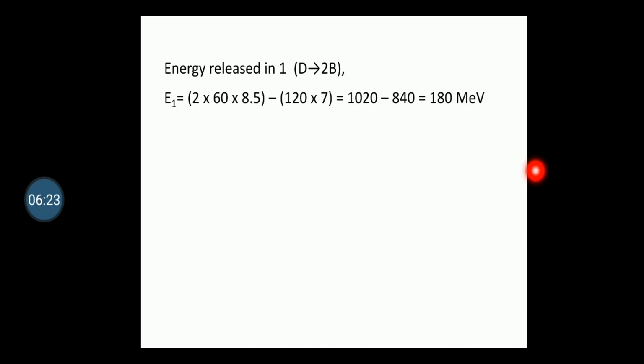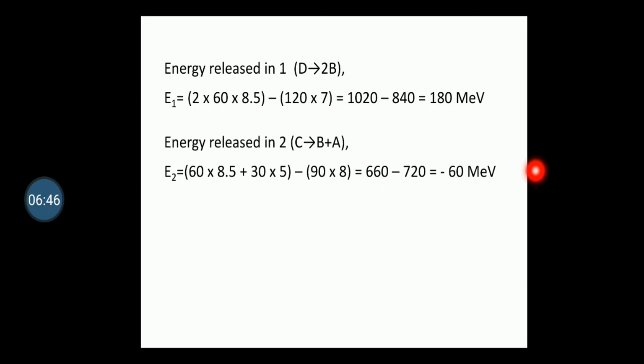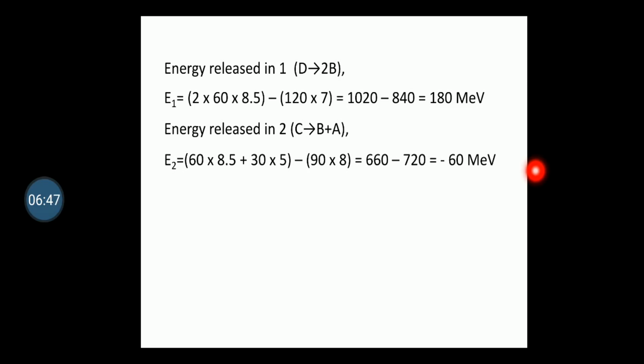Energy of 2B is nothing but 2 into mass number of B, that is 60, into 8.5, that is its binding energy, minus the energy of D, which is the mass number of D, 120, into its binding energy, 7. When you substitute the values and calculate, we get the answer 180 mega electron volt.